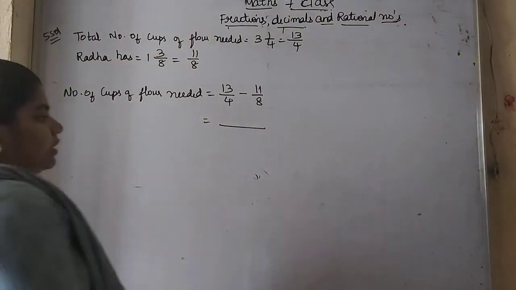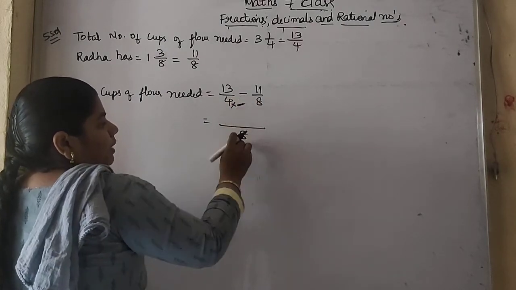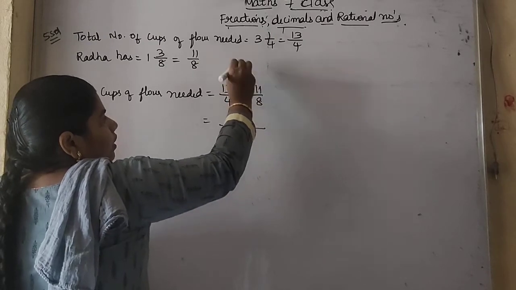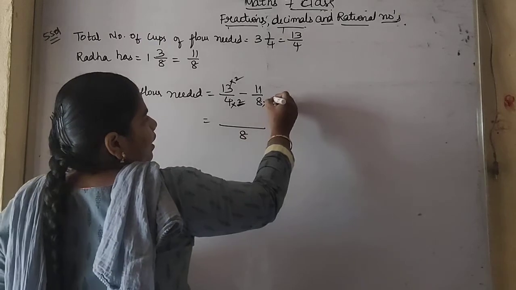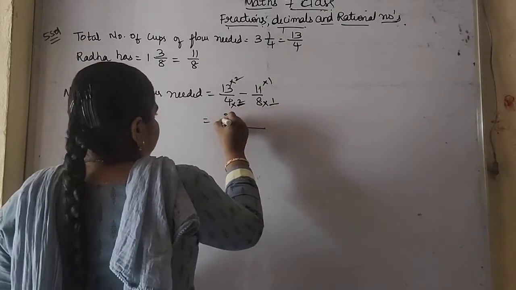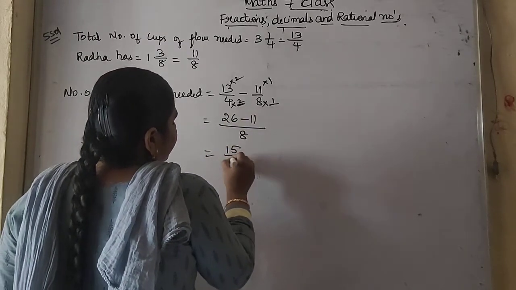So the LCM of 4 and 8 will be 8 itself. So for 4, how much will you multiply to get 8? That is 2 times, so into 2, into 2. For 8, how much will you multiply to get 8 again? That is 1 time. So into 1, into 1. So 13 2s is 26. So 26 minus 11 will be equal to 15/8.